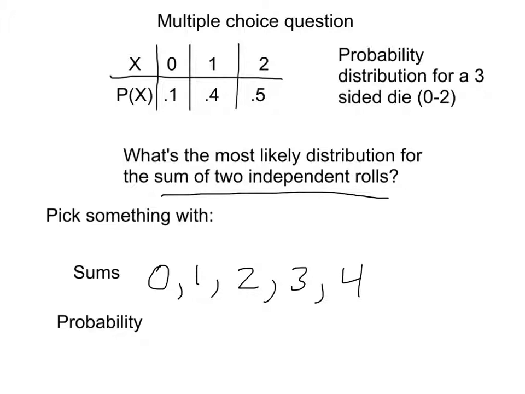For example, since the probability of landing a 0 is 0.1, the probability of a sum of 0 is going to be lower than, say, the probability of a 4, because that's the most likely. So as far as probability, you want to find something with the same likelihood.